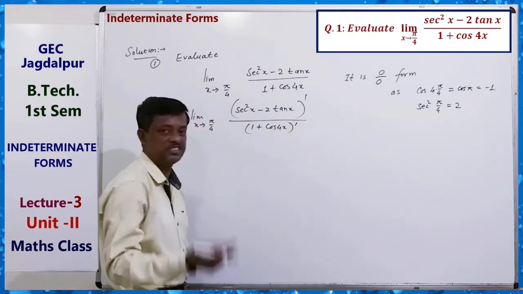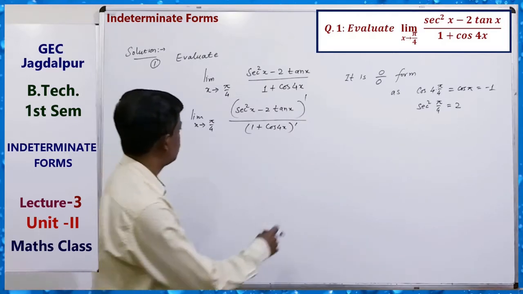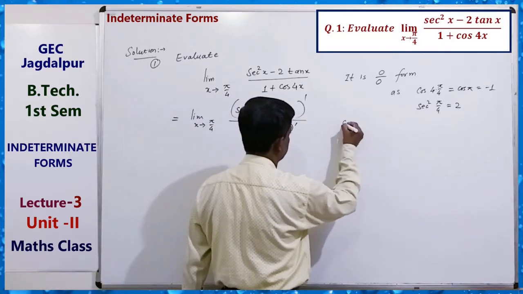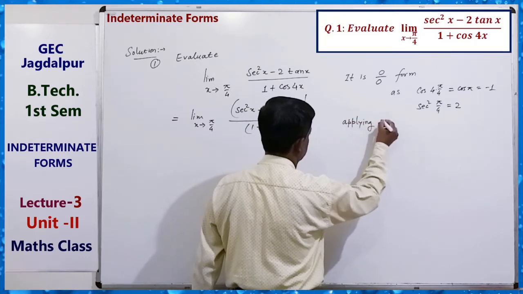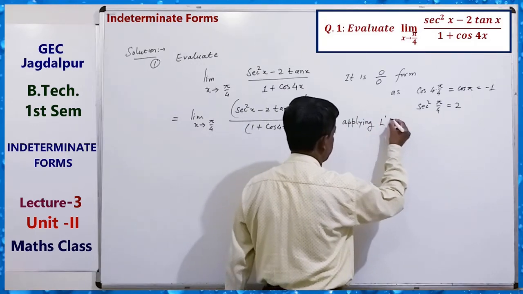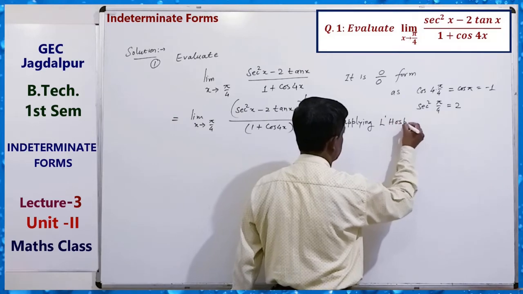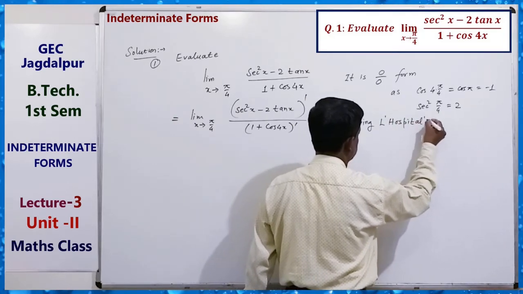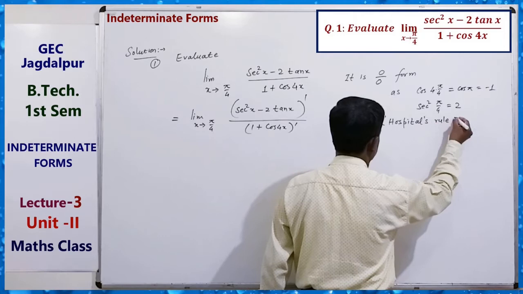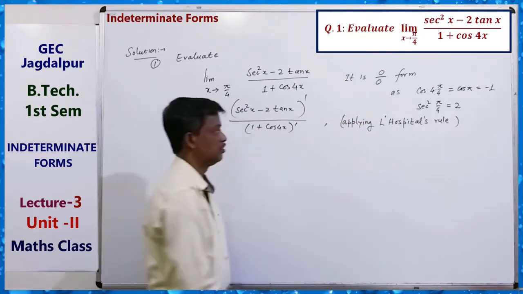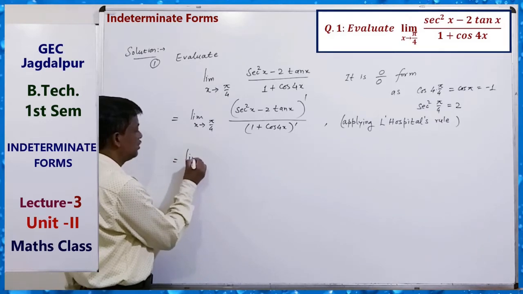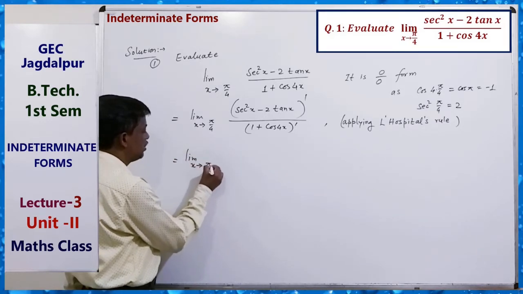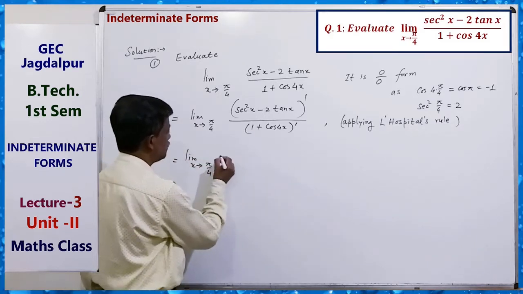We can differentiate it. Applying L'Hospital's rule. Clear? Now, limit x tending to pi by 4, just differentiate it.